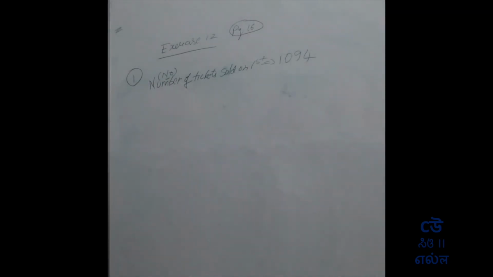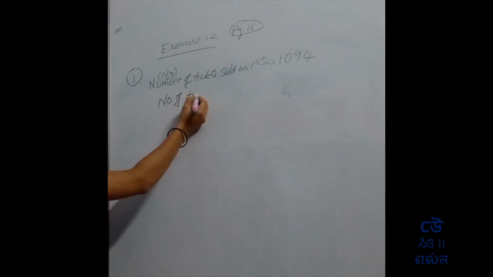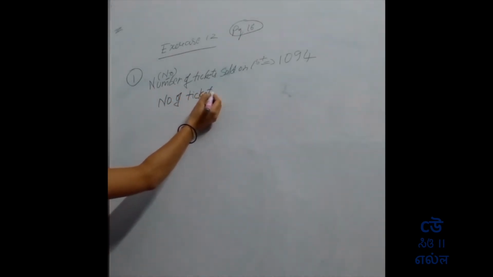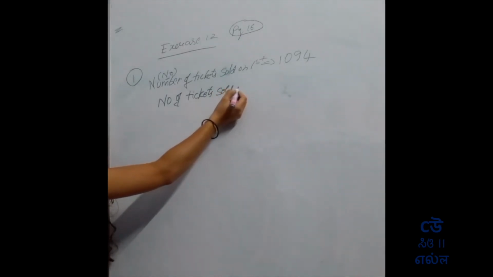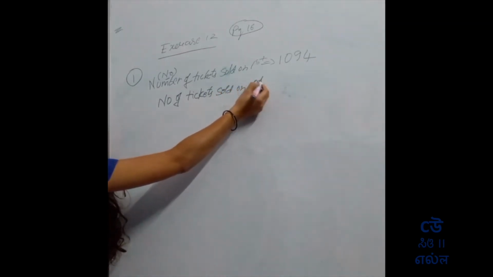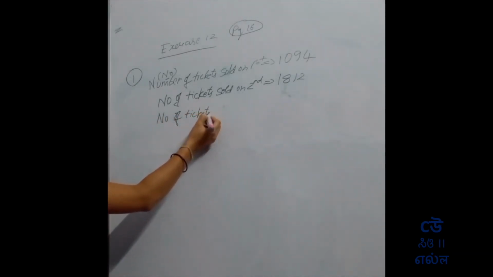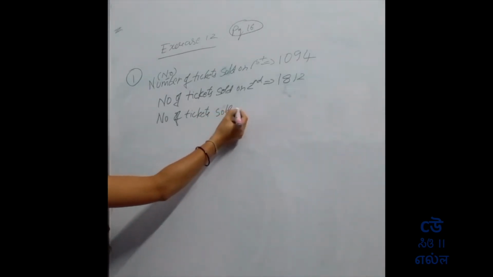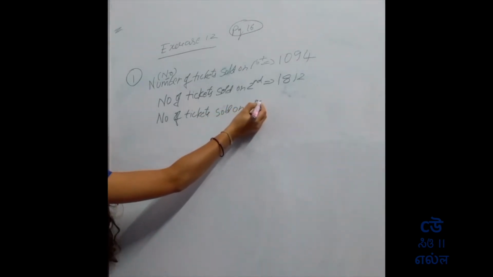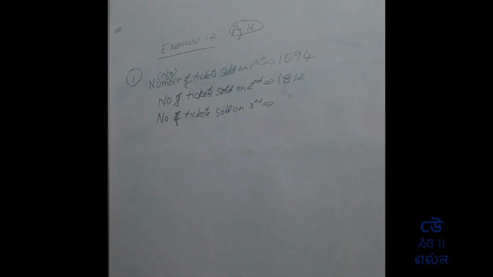Next, number of tickets sold on second day. The number of tickets sold on second day was how much? 1812. Okay, next, the number of tickets sold on third day was 2050.